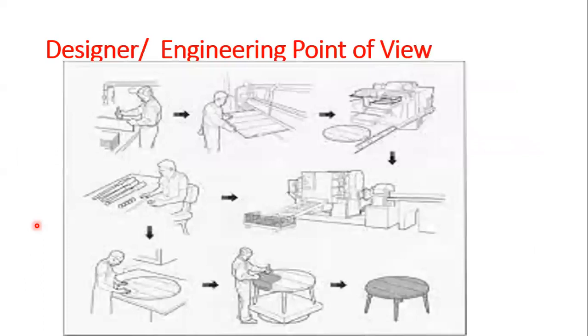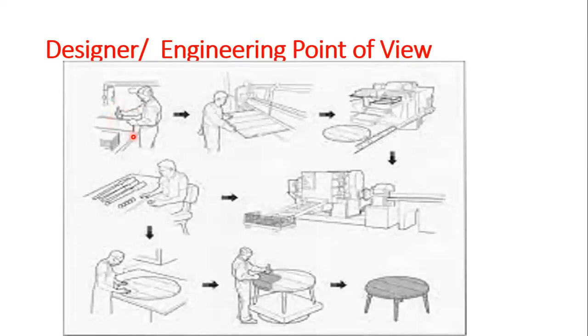Dear students, let's take an example of the engineering point of view. Here it is the point of view of the engineer, that a person is designing a wooden table. And you find it how?